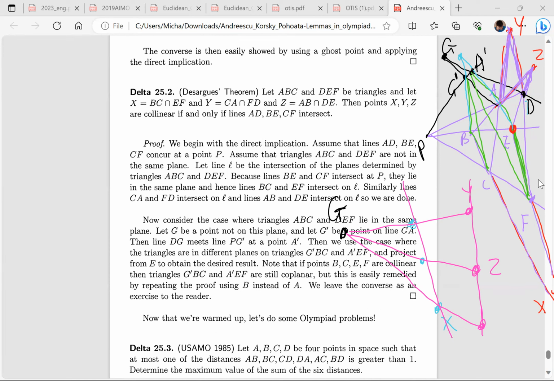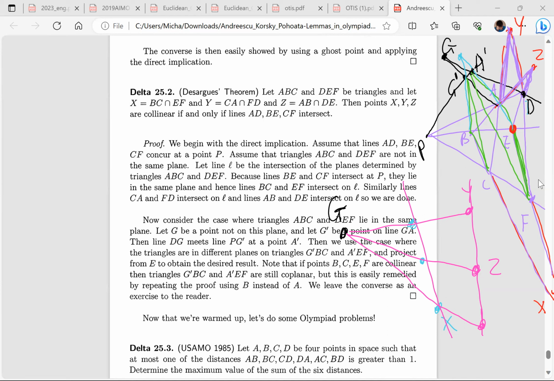So if they're all coplanar, then AB will intersect DE at Z, because AB and DE are coplanar. It's in the same plane as the plane of triangle ABC and triangle DEF, so it's in the intersection. And that applies to all three, so then it's collinear.